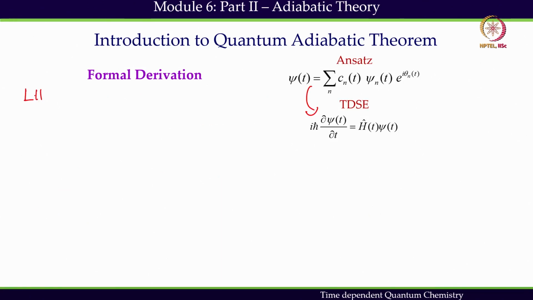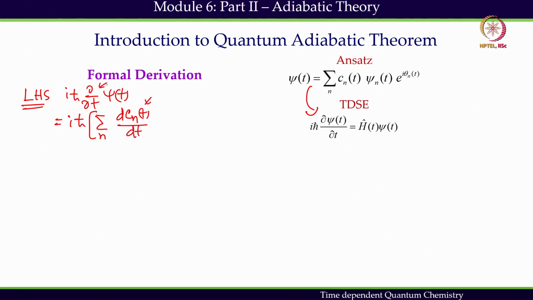For the left hand side, what I get is i h cut partial derivative with respect to t of psi(t) equals i h cut summation over n of dCn(t)/dt. This is not a partial derivative anymore because Cn depends only on time.